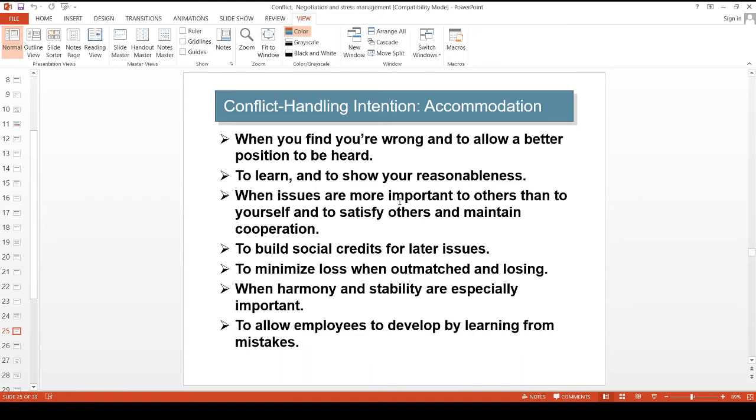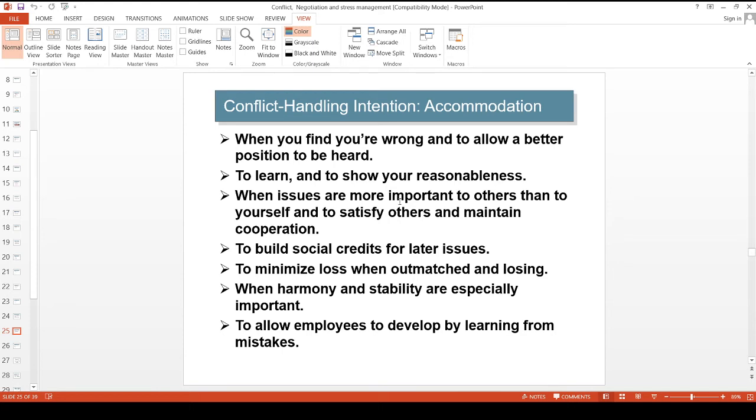It is also used when issues are more important to others than to yourself, to satisfy others and maintain cooperation. So you accommodate the other party because the issues may be more important to them as compared to yourself.